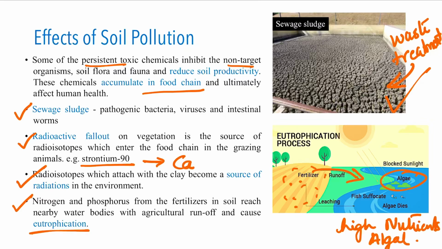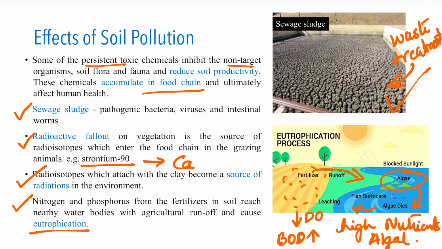And this algal growth has a very short life cycle; soon they will die and decompose, and a lot of dissolved oxygen is required in this process. So when a lot of dissolved oxygen is required, the dissolved oxygen will decrease, and the BOD of these lakes will increase.